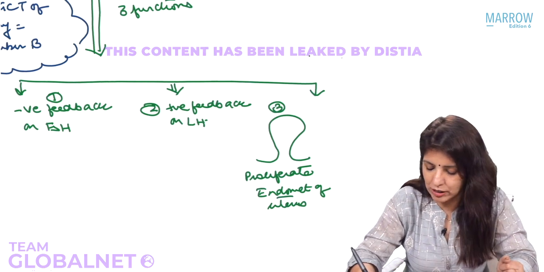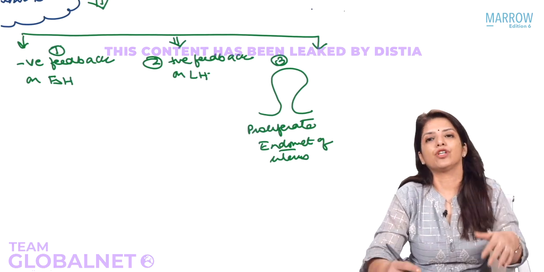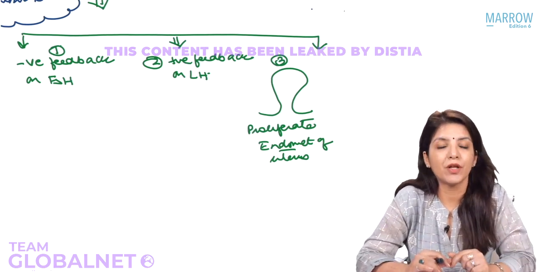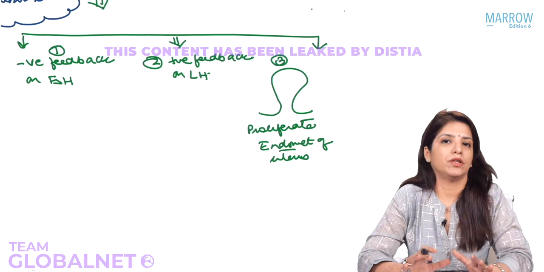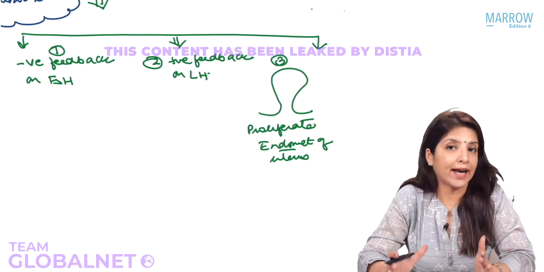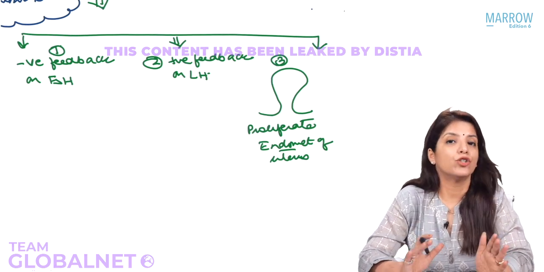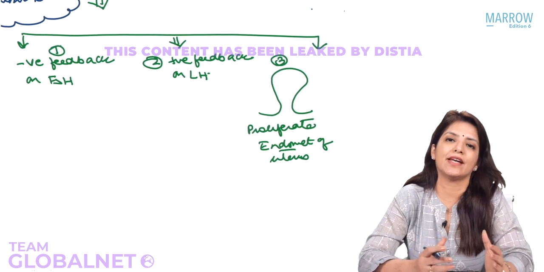First let's talk about its number three function. When you give estrogen, it proliferates the uterine endometrium. So estrogen can lead to endometrial hyperplasia and it can lead to endometrial cancer. This is the reason why you should never give estrogen alone to a female whose uterus is intact.